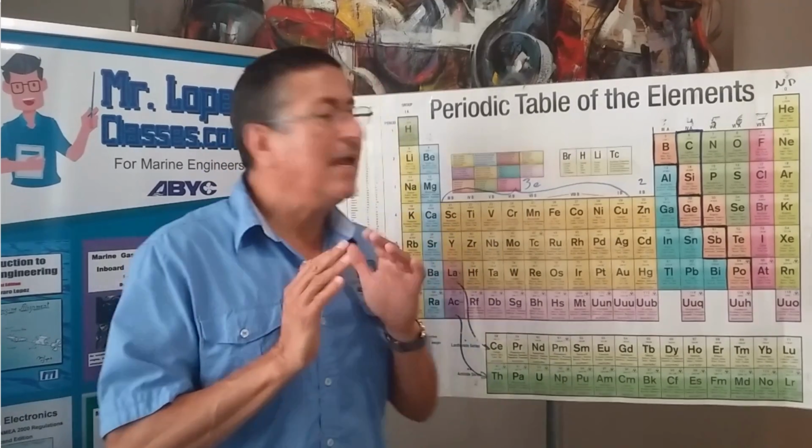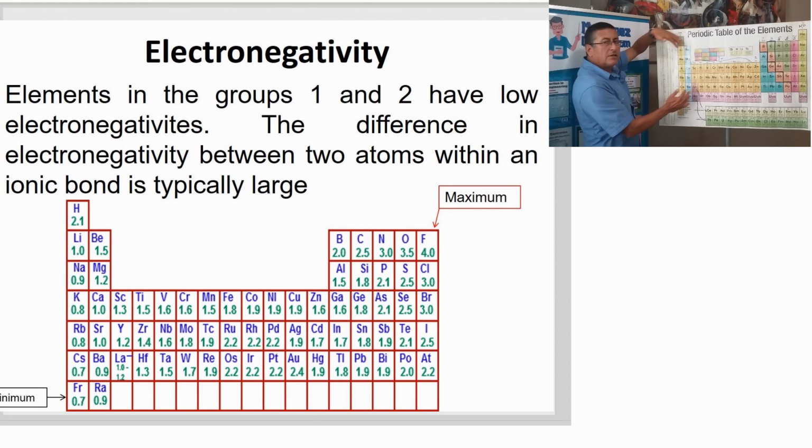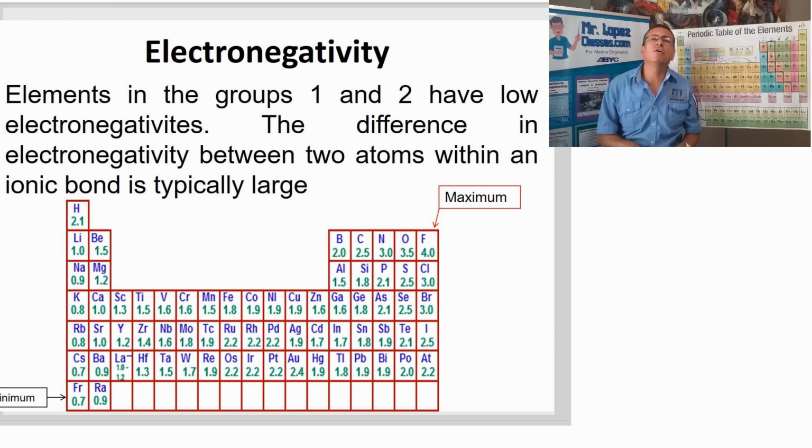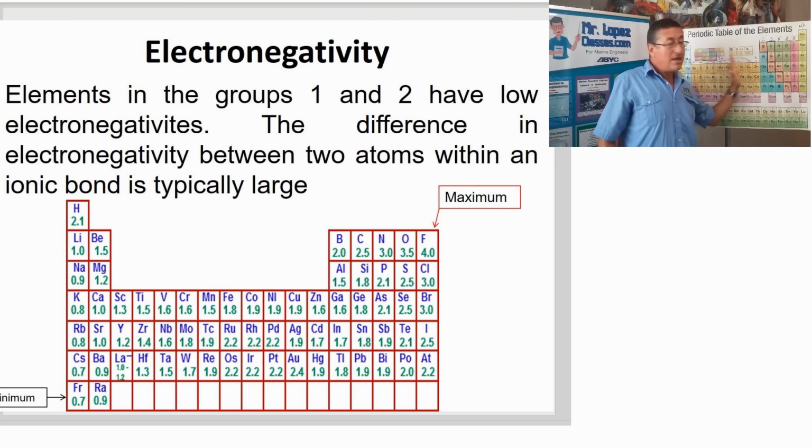In other words, the elements with 1 or 2 electrons in the last orbit, the elements located here, are considered elements with a low level of energy. The elements located in those groups, 5, 6, 7, are considered elements with a high level of energy.